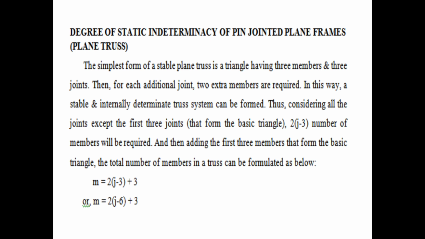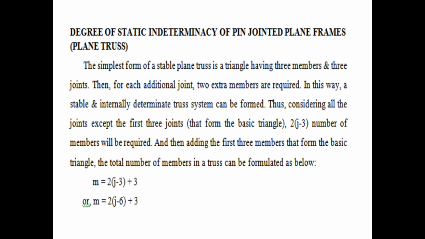The simplest form of a stable plane truss is a triangle having 3 members and 3 joints. Then for each additional joint, 2 extra members are required. In this way, a stable and internally determinate truss system can be formed.